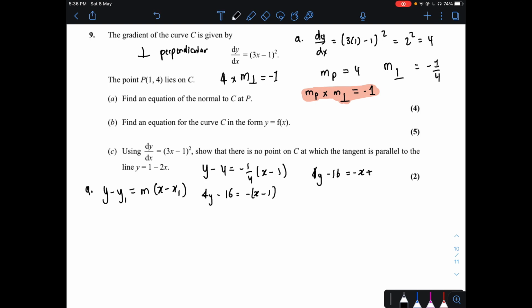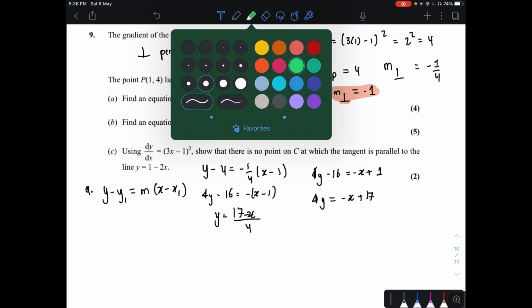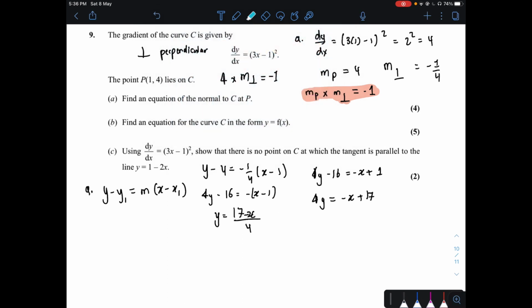So 4y equals minus x plus 17. So either this is correct, or y equals (17 minus x) over 4 is also correct. So there are multiple correct answers here, so you can stick with whichever one you prefer. So 17 minus x over 4 is also correct.